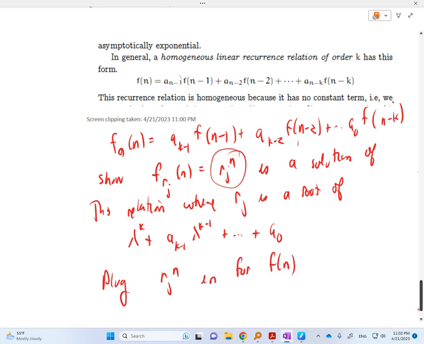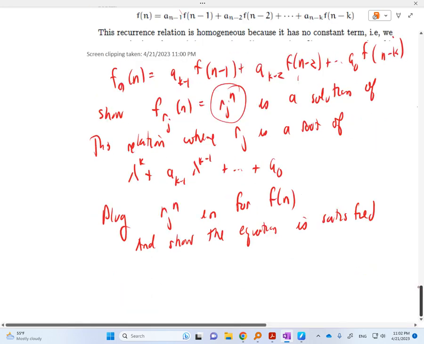That's all. And show that the equation is satisfied. Now, there's one caveat: because you can't have f less than 0, you'd have to say for n greater than or equal to k.